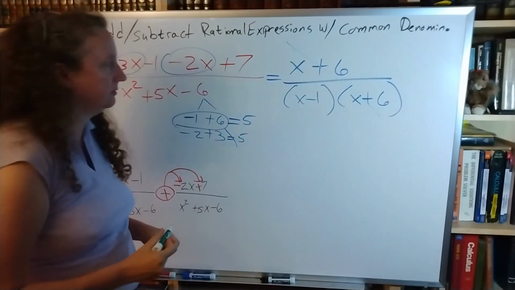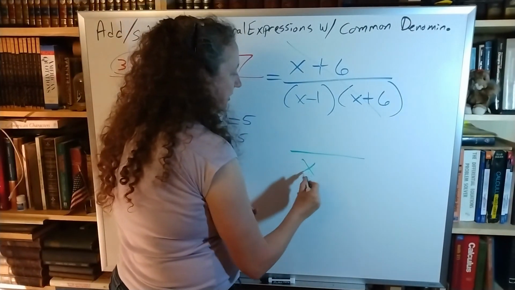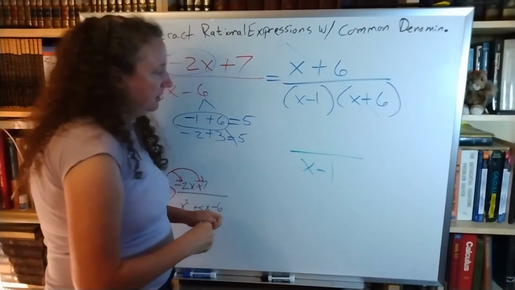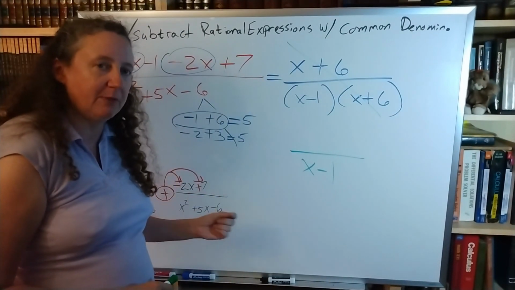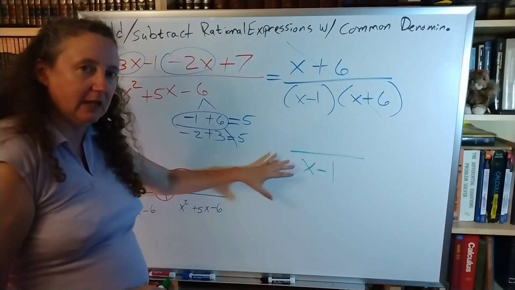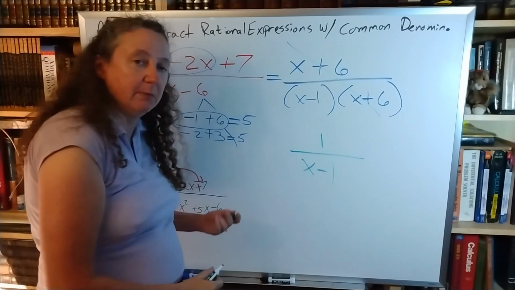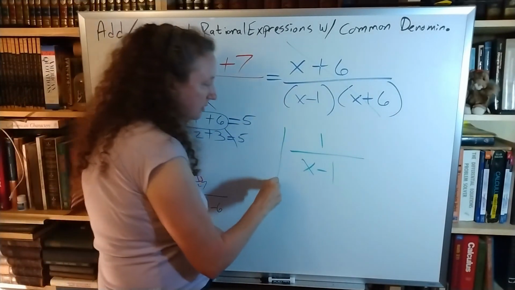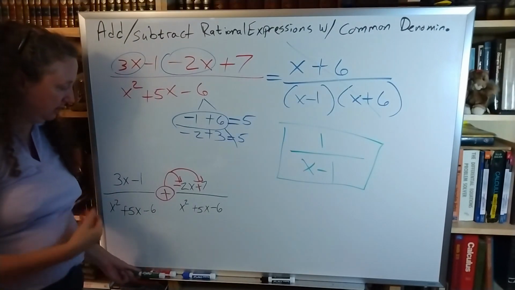So those cancel. So I have my x minus 1 on the bottom there, but I have nothing to put on the top. You need to have something on the top. Leaving that like that is not good. I need to put a 1 up there. Remember, you can multiply anything times 1. And now I have that answer. Now that's finished.